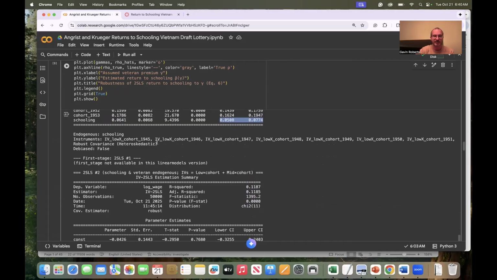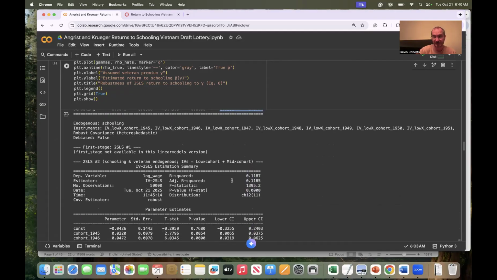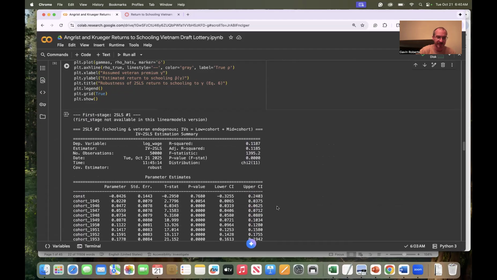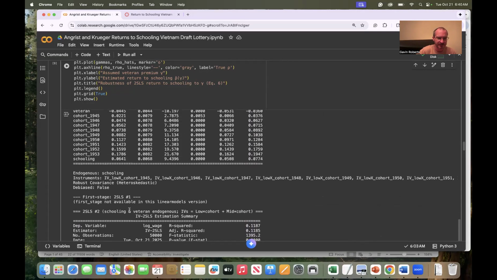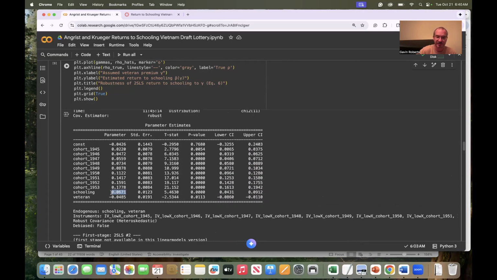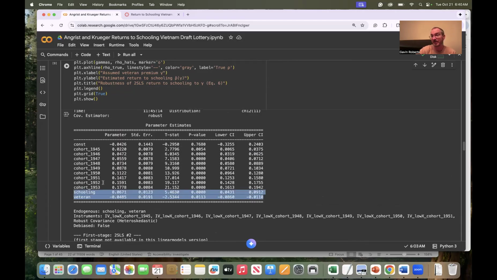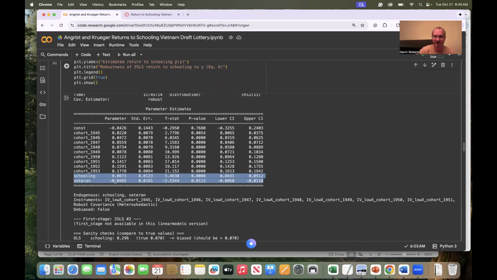Now, in this second 2SLS, we treat both veteran status and schooling as endogenous. And here we go. Notice the veteran status got a little bit better in this case, a little bit closer to negative 0.05. Schooling also got a little bit closer to 0.07 in this regression because there is a little bit of an endogeneity issue worked into the veteran status.